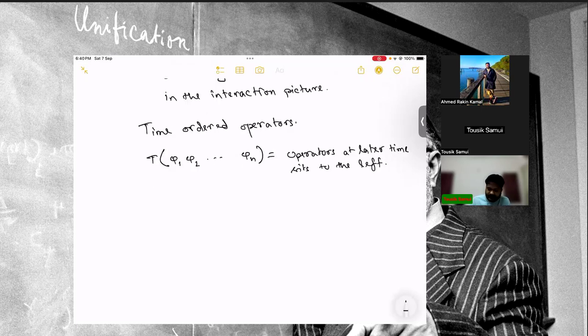Then we saw, and like I stated, not exactly proved, that this time ordering operator has a connection with the normal ordering operators.